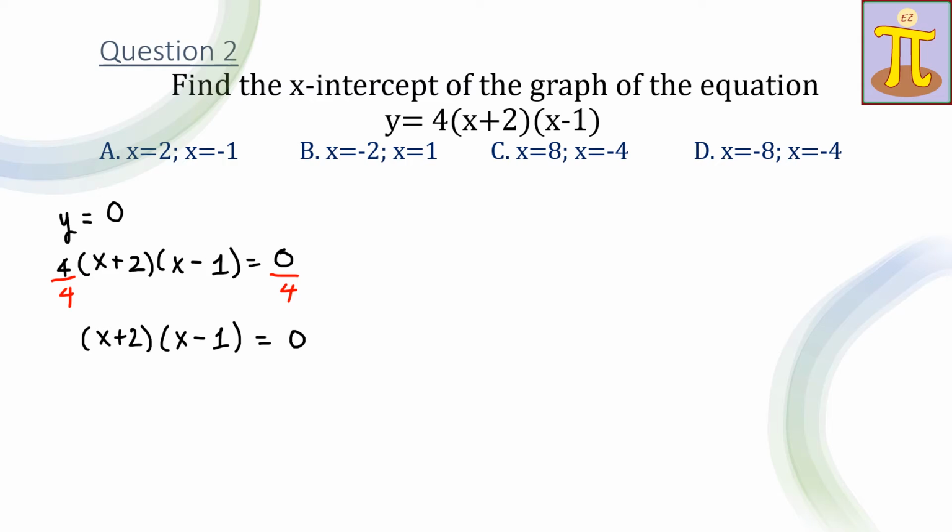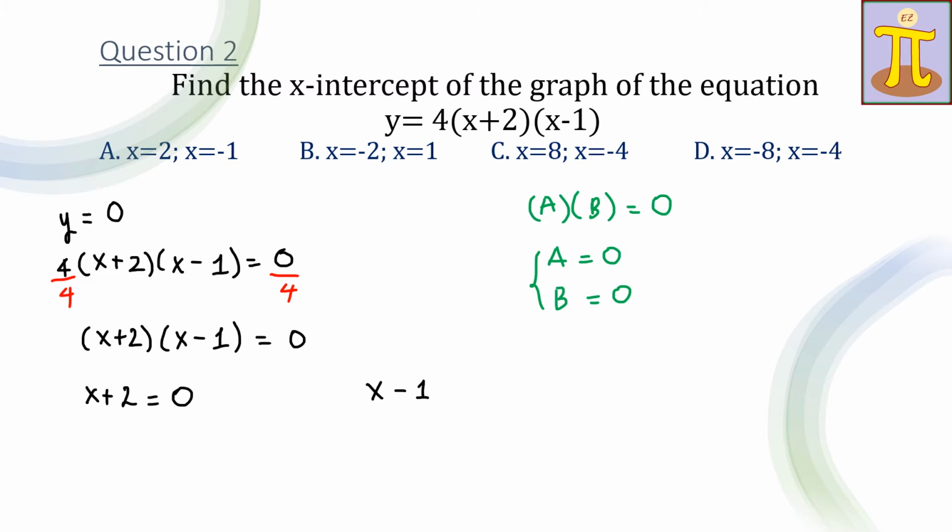Just remember that if we have a factor a multiplied by factor b equals 0, it will be a equals 0 or b equals 0, and we solve for that. Similar to this, we will have x plus 2 equals 0, or we will have x minus 1 equals 0.